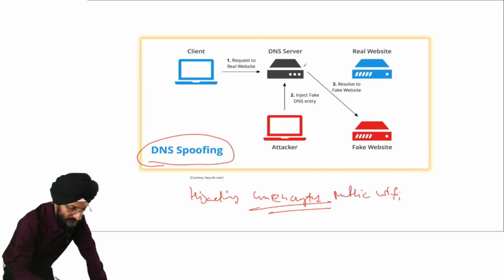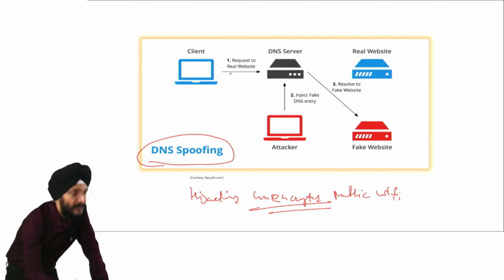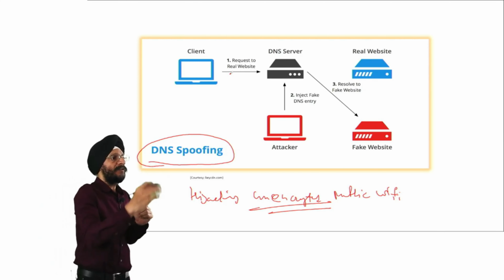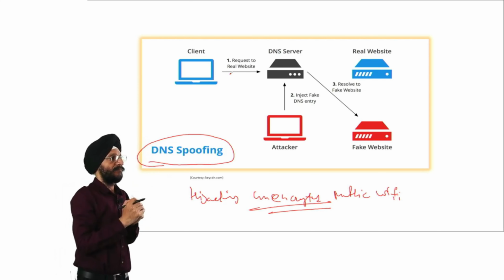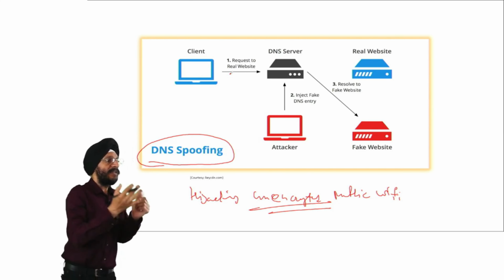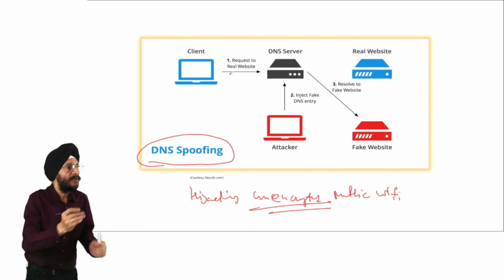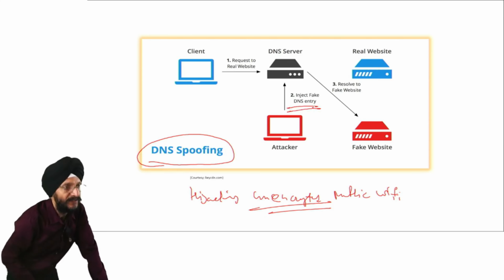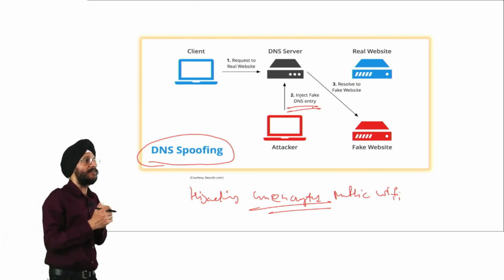In this picture you can see that client is trying to open a website. What happens? The hacker has injected fake DNS entry. What it means?